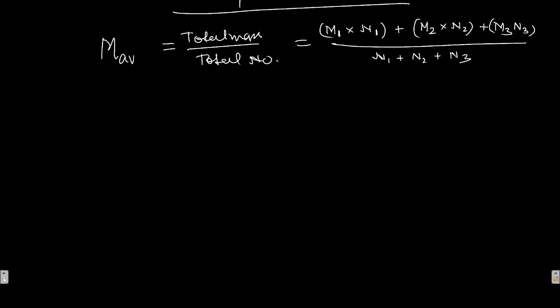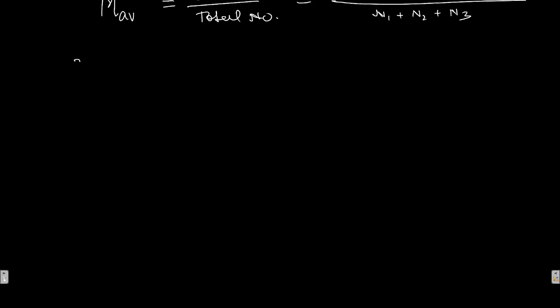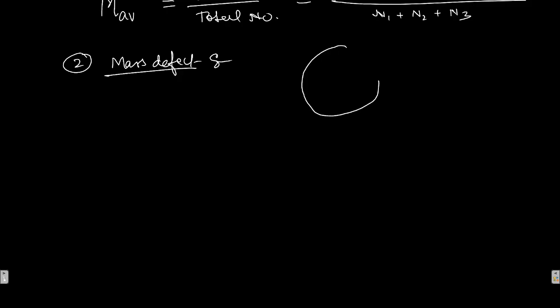Friends, the second cause is mass defect. This is called a mass defect. Suppose that, friends, we have taken the nucleus of the atom. Suppose here is proton, here is neutron, here is proton, and here is neutron. Protons will repel each other.